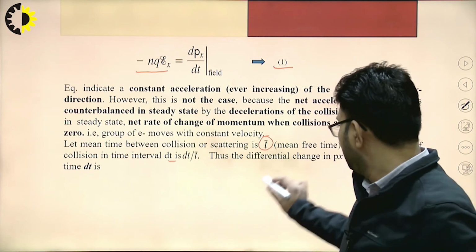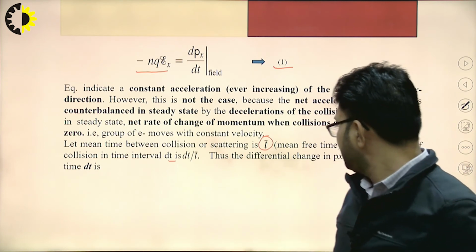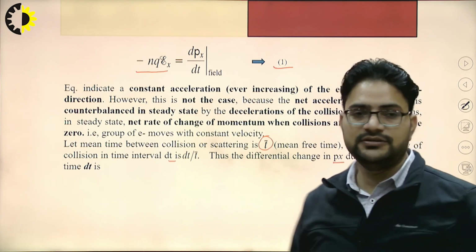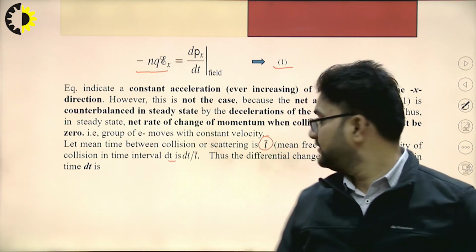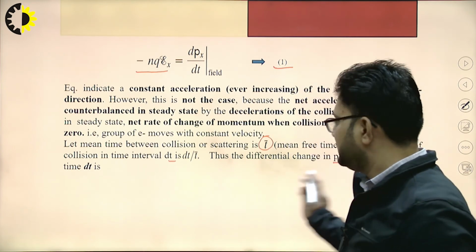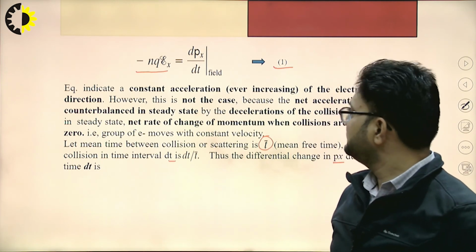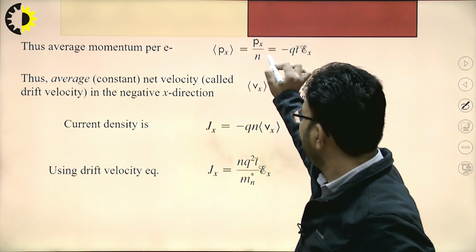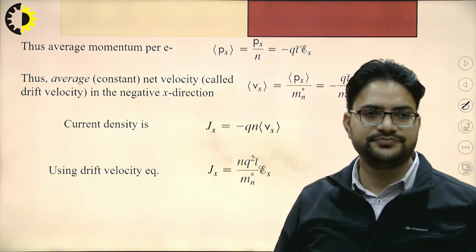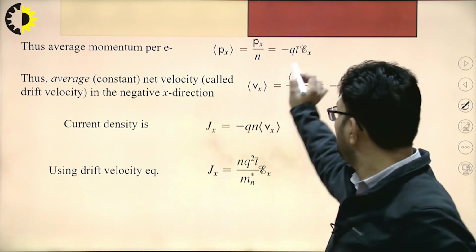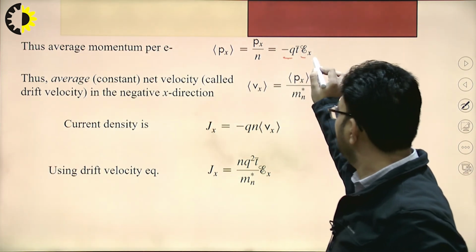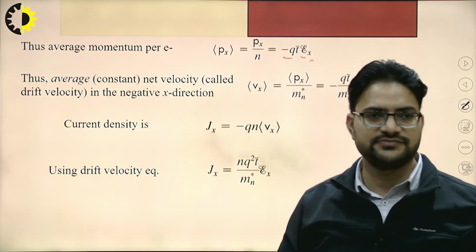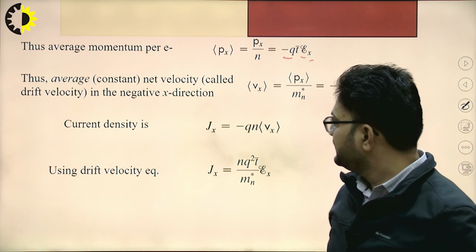Therefore, the differential change in the momentum due to collision in the time dt is given by dpx upon dt, which is equal to minus q into t multiplied by Ex, right?